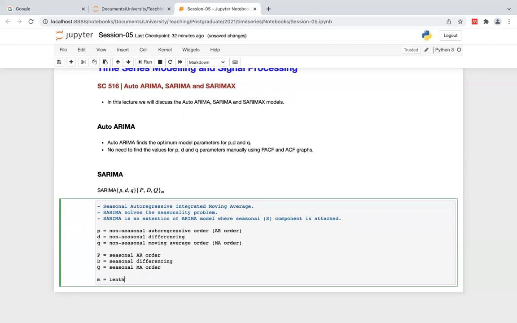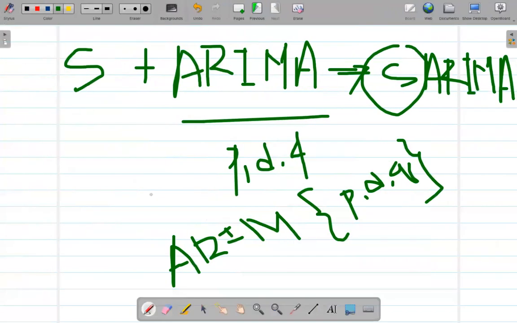It's actually the length of the repeating seasonal pattern. In other words, we can say it is the seasonal period, right? So I'll explain it. What are they, right?